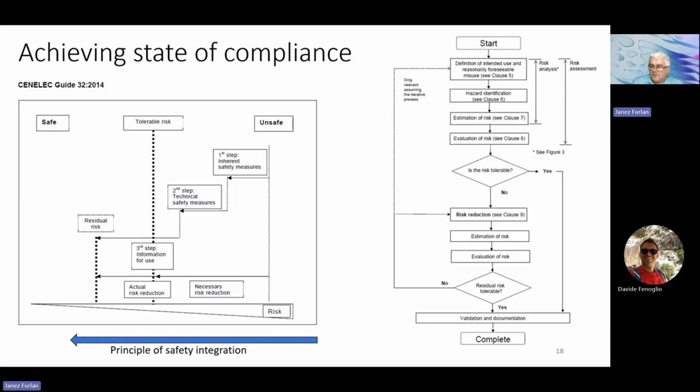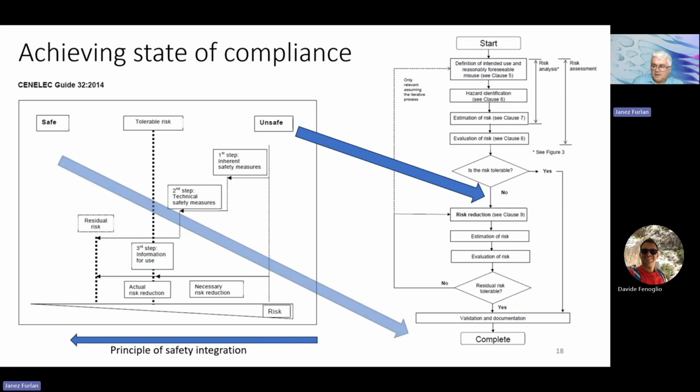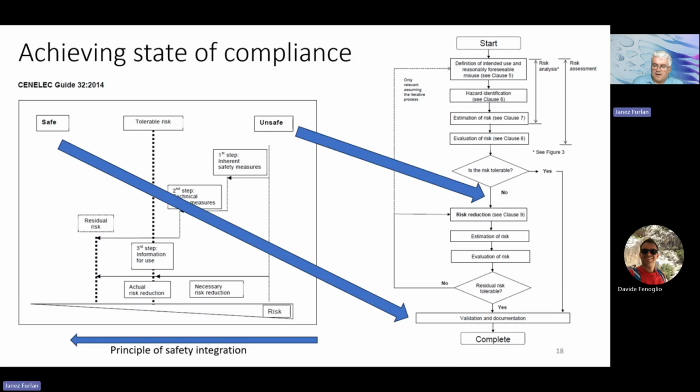If we have a look back at the process itself, we see that if the risks associated with the product are not tolerable, we need to apply these three-step methods to finally end up at the level of acceptable or tolerable risk.